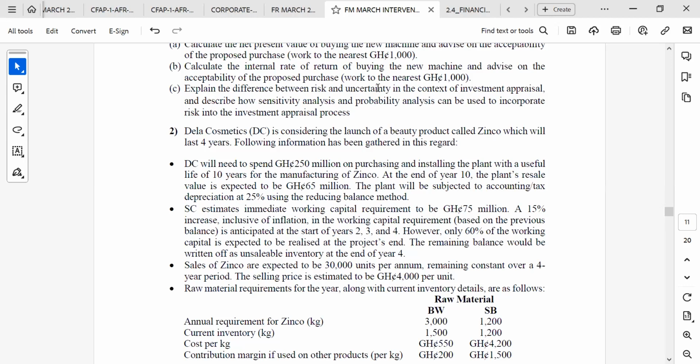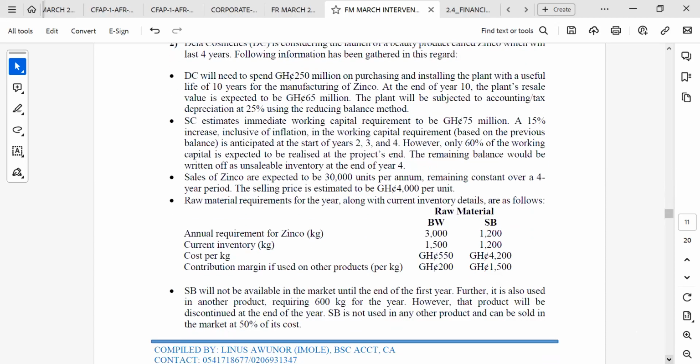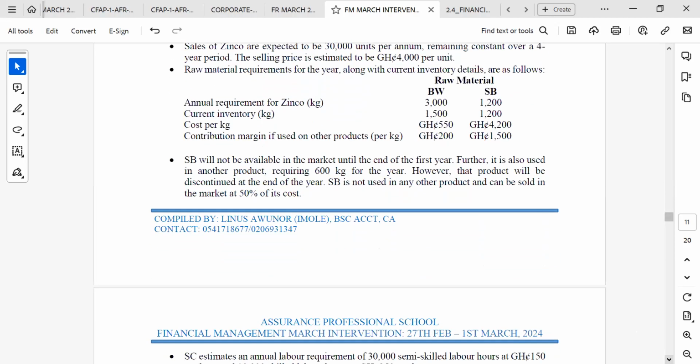So we have the raw material details down there. NP will not be available in the market until the end of the first year. Further, it is also used in another product requiring 600 kilograms for the year. However, that product will be discontinued at the end of the year. SB is not used in any other product and can be sold in the market at 50% of its cost.